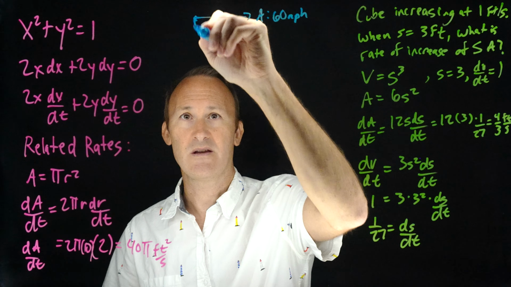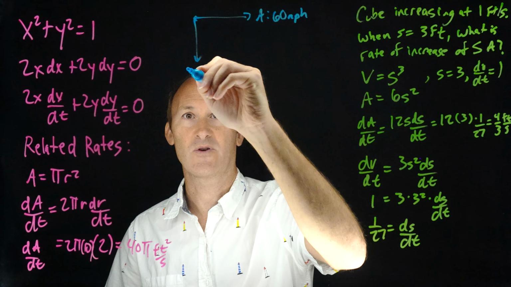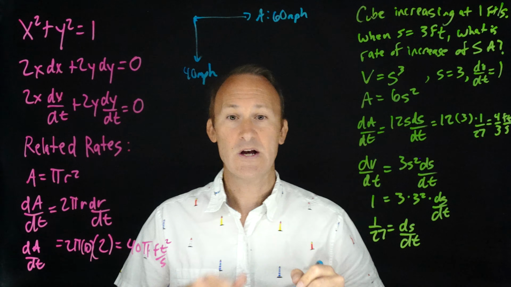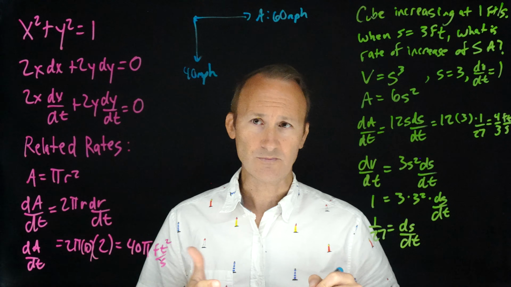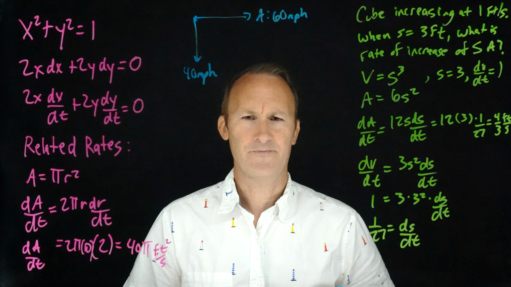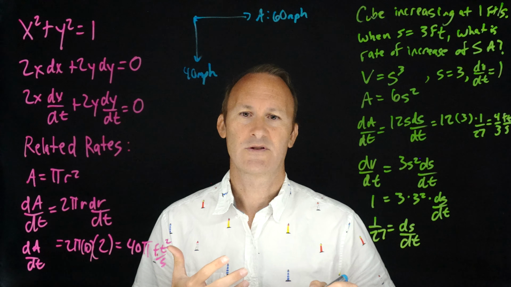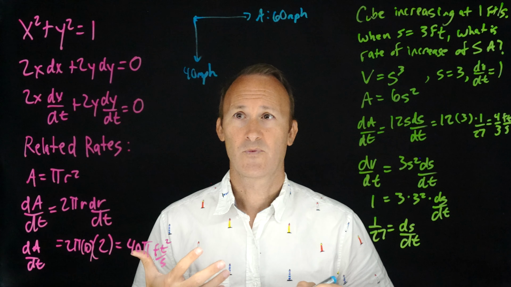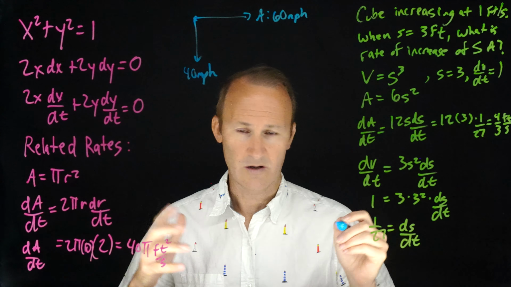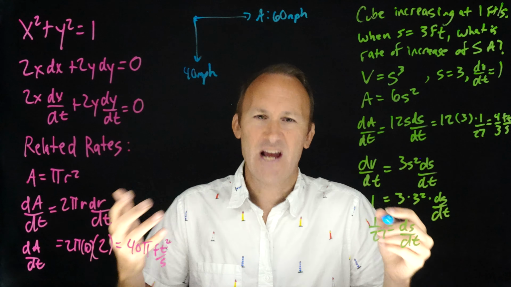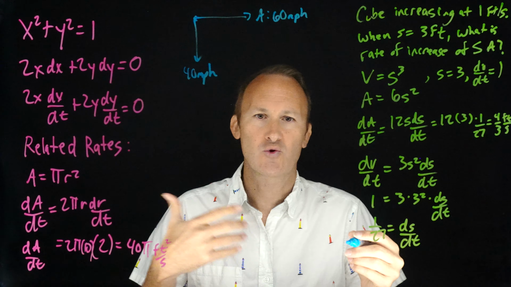And vehicle B is going directly south, say 40 miles per hour. And the question is something like, after, could be any number, let's say after 2 hours, what's the change of the distance between them?